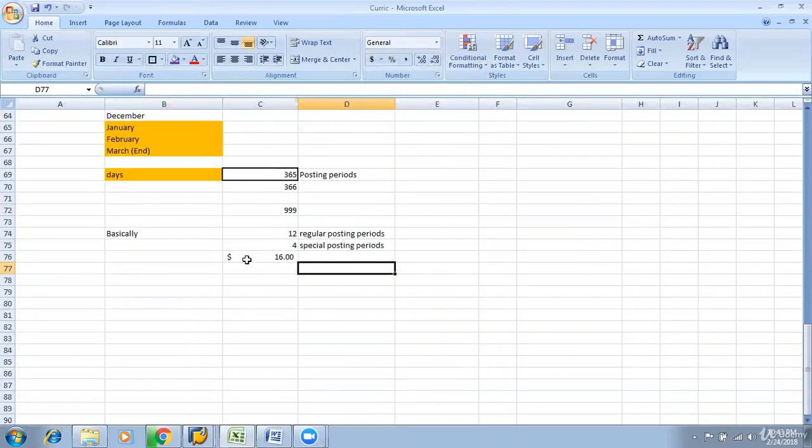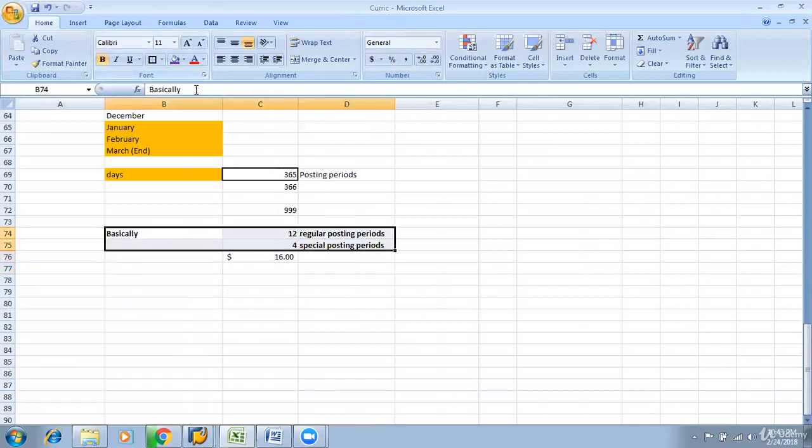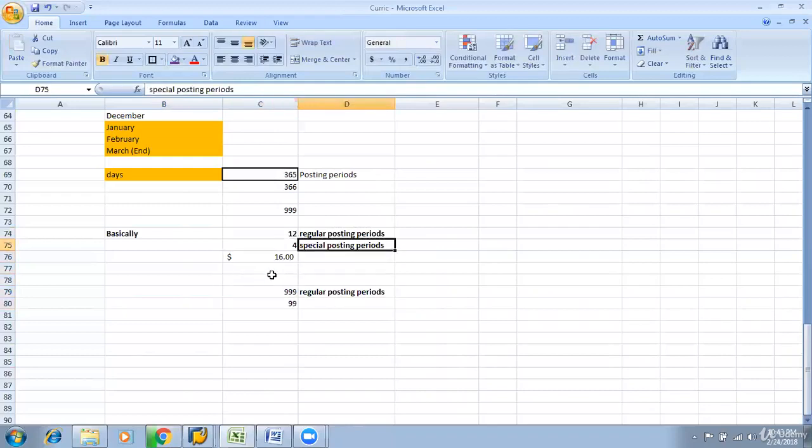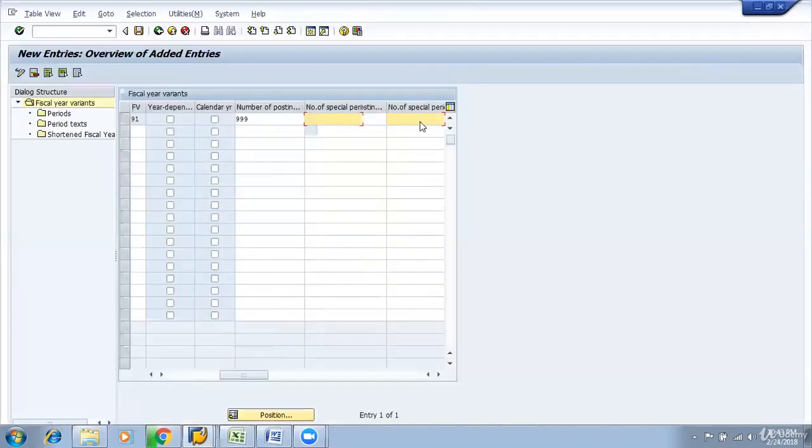This is the basic answer which you need to tell him, and you can add that there is a possibility to enter 999 regular posting periods and 999 special posting periods. Yes, the number of posting periods here allows 2 digits, so basically 99 is the limit.